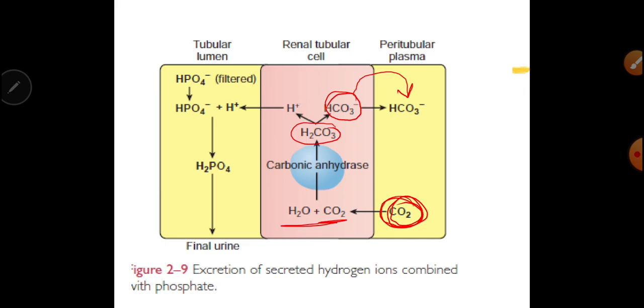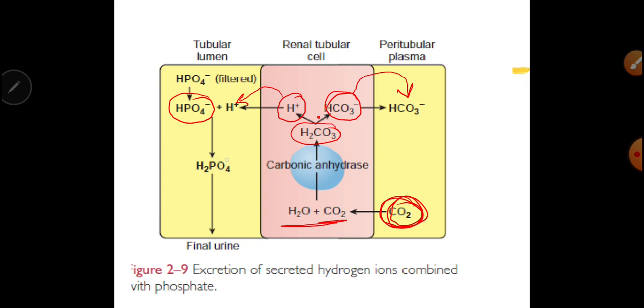At the same time, the hydrogen ion this time can be excreted in urine, and the elimination of hydrogen ion will control the acid-base balance by the movement of hydrogen ion into the tubular filtrate and binding with phosphate ion found normally in the filtered plasma.